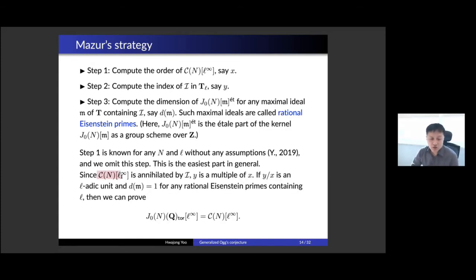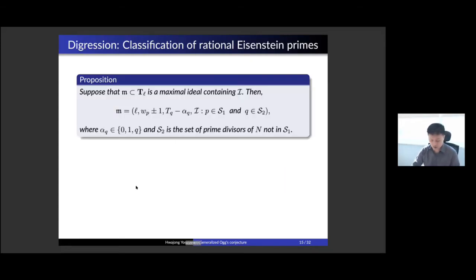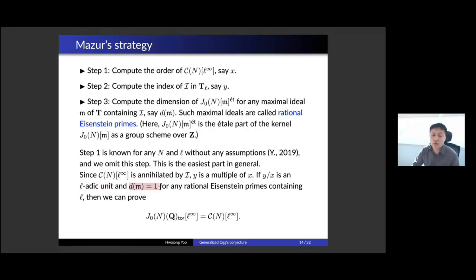Since this module is annihilated by the Eisenstein ideal I, this is easy to prove, and therefore Y is always a multiple of X. So if Y over X is an L-adic unit, and D(m) is 1 for any rational Eisenstein prime containing L, then we can prove this equality. This is basically the major strategy, and I will show you in each step how this argument works.